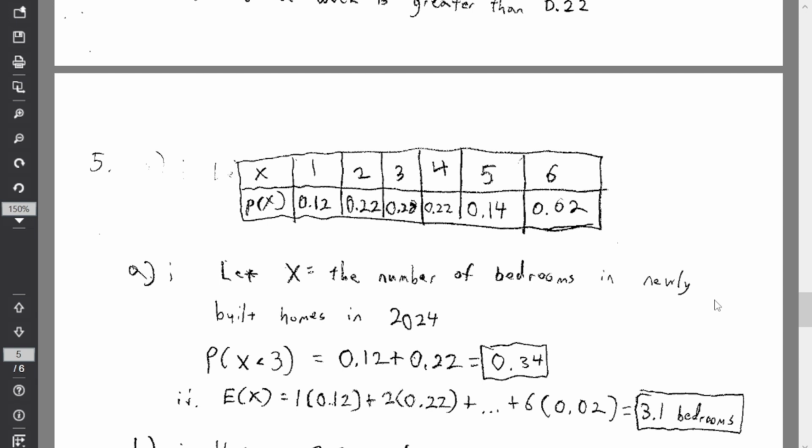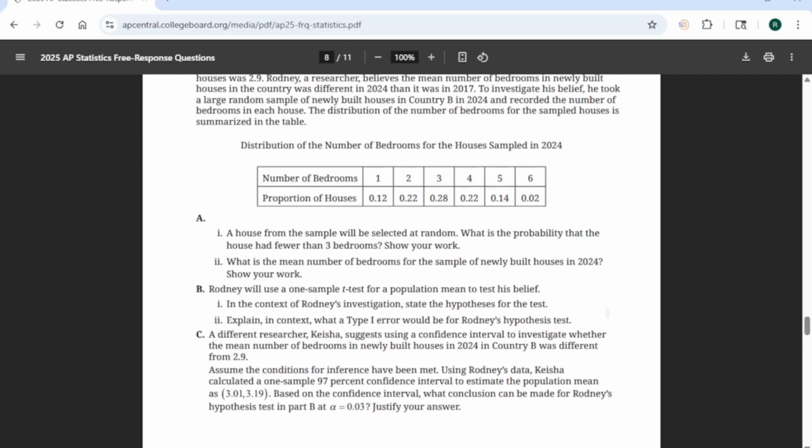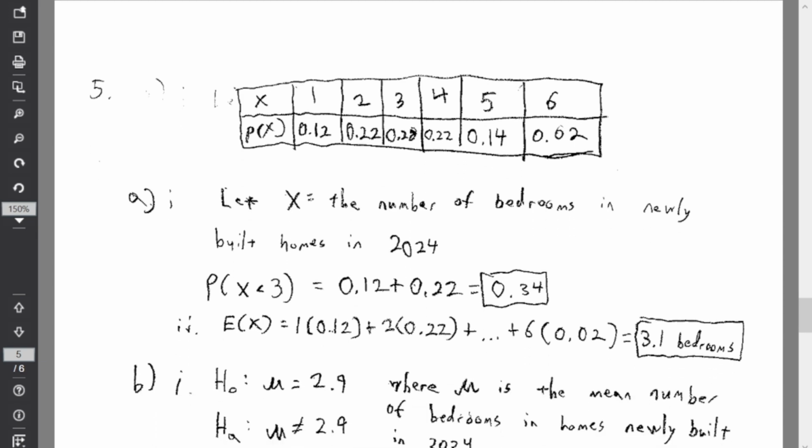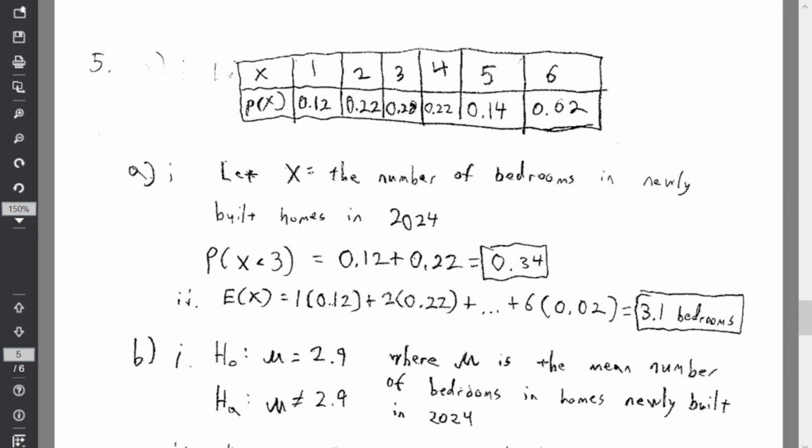Now, once we have that mean, part B says we're going to use a one sample t-test for the mean to test the belief. So we're going to state the hypotheses and then talk about what a type 1 error would be. So it says we are looking at comparing it to 2017, and it just says we want to know if there has been a change, if there is a difference.